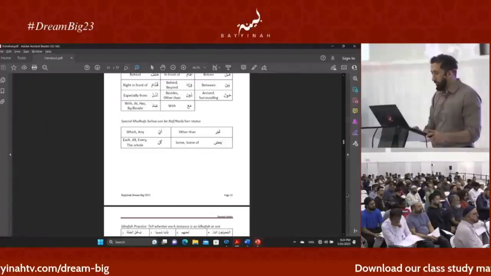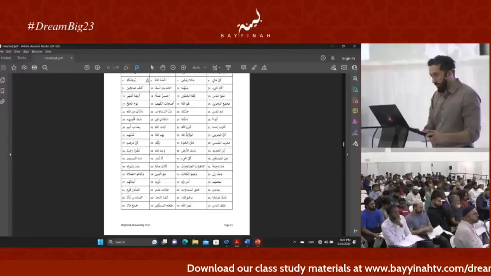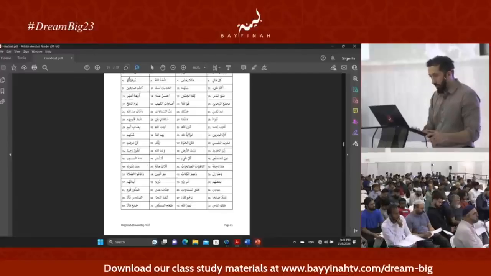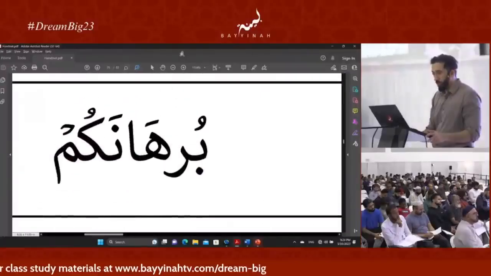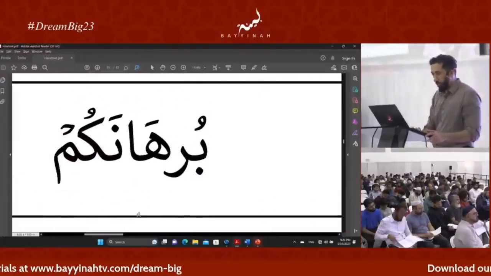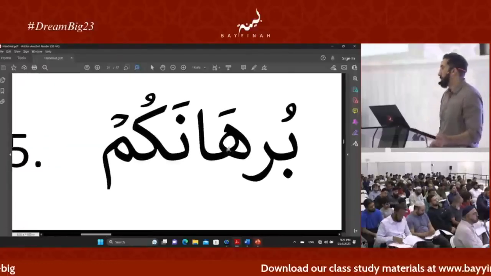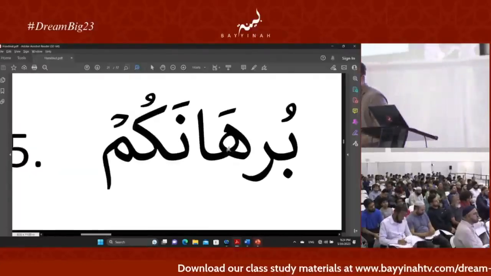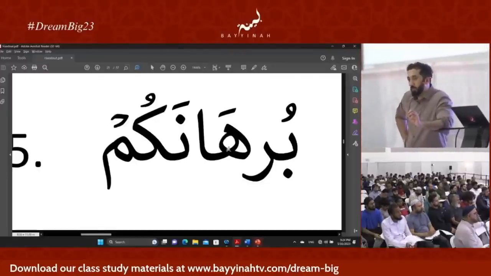Okay. Let's see if you guys can see number 5. Back again on page, this is 23, isn't it? Yes. Okay, this is question number 5 on page 23. Burhanakum. Burhan means evidence. I'll say that again.